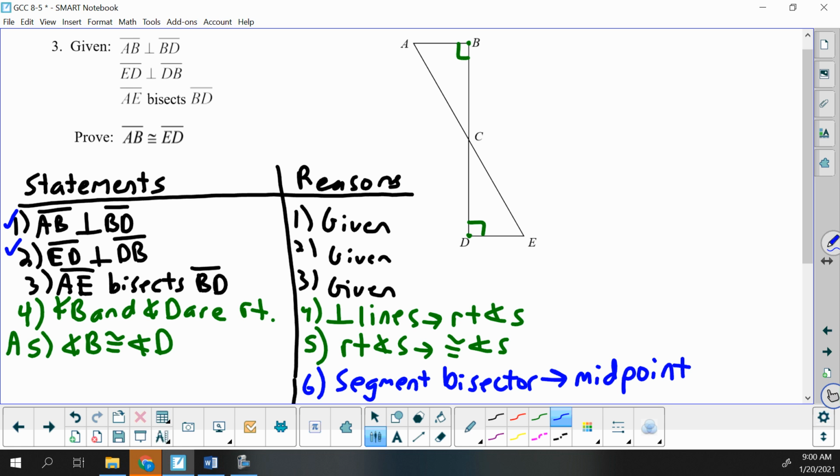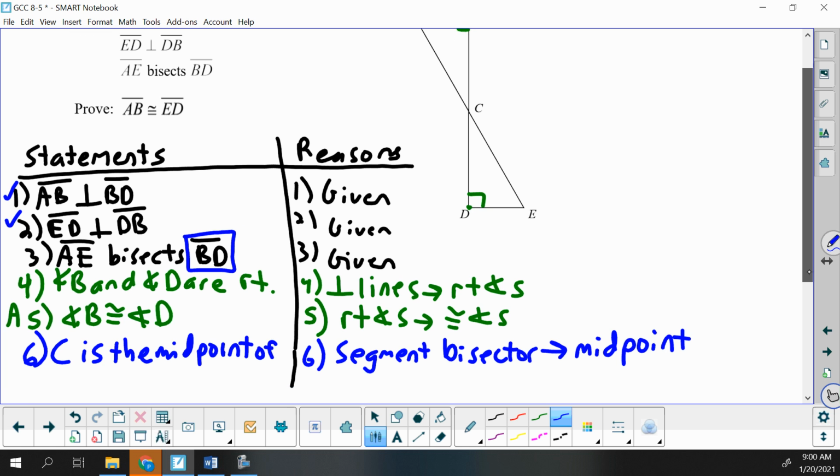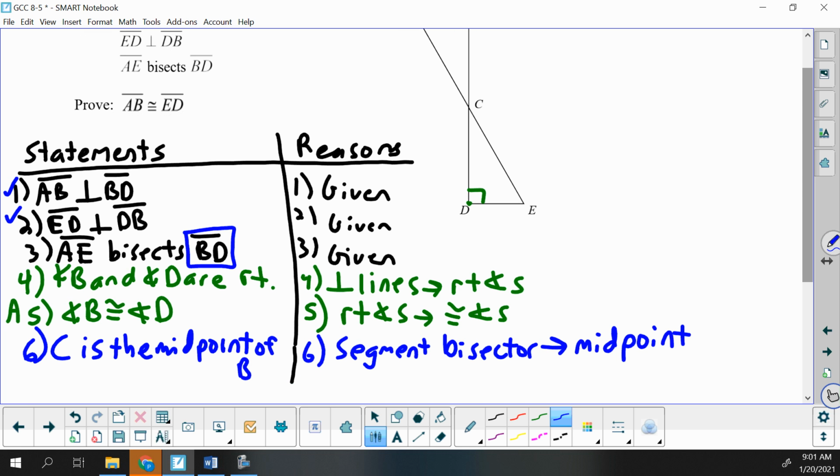We're pointing at midpoint, so we've got to make a statement about a midpoint. In your statement of midpoint, you've got to name the point and say what it's the midpoint of. The one that's getting bisected is always what comes second. So AE and BD cross at C, so we've got C is the midpoint of, and it's always the one that comes after it, so BD.